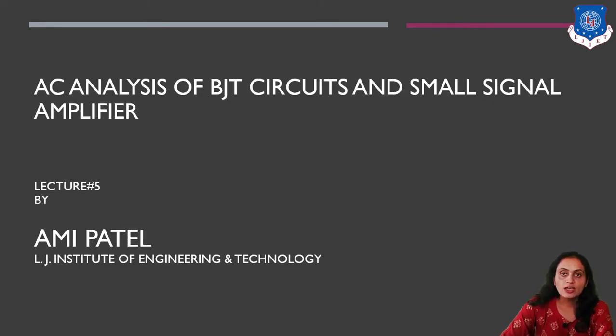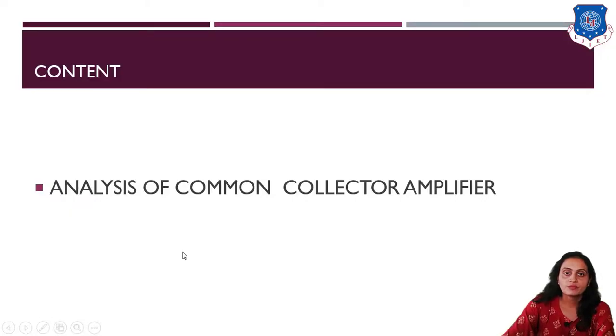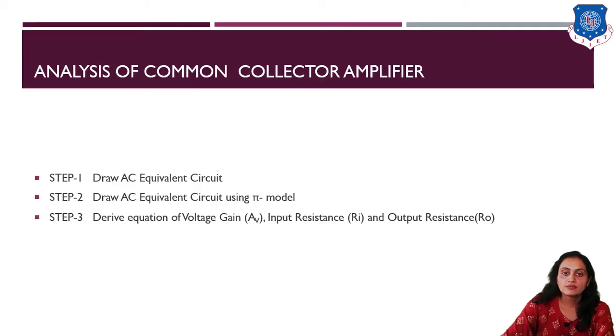In this video, I am going to discuss the AC analysis of bipolar junction transistor circuits and small signal amplifiers. So this is the content I am going to discuss in this particular video. We are going to see the analysis of the common collector amplifier. These are the steps we need to follow while doing the analysis of any amplifier.